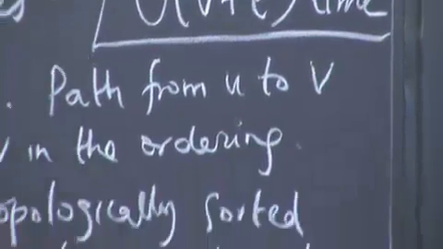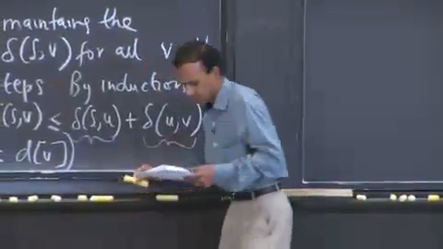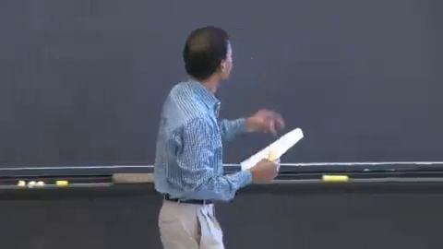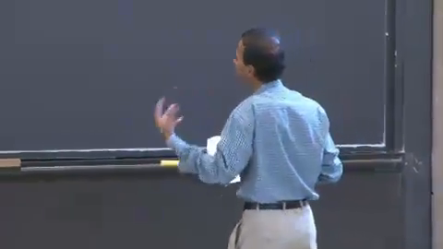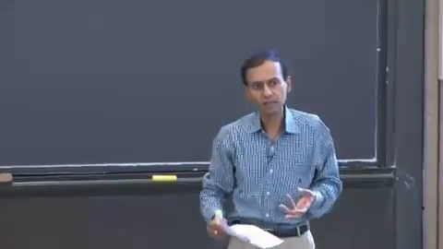Why does this work? There's just one little interesting aspect to this, which is related to a DAG and the relationship between the DAG and the particular starting vertex that we're going to be looking at.